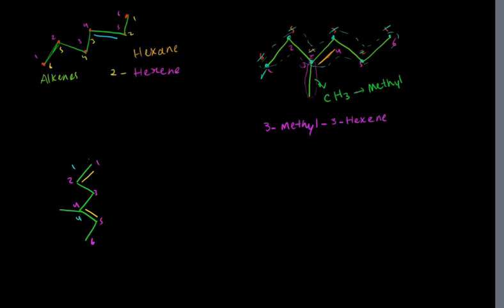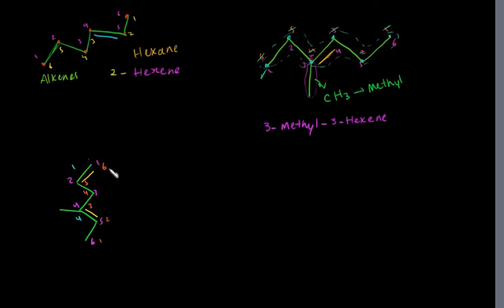Now we'll try to number this chain from the opposite side, and let's see what numbers we will get. So I'll say 1, 2, 3, 4, 5, and 6.